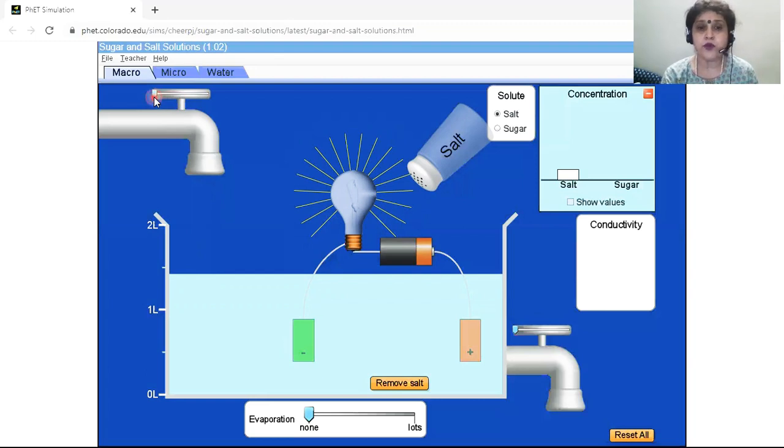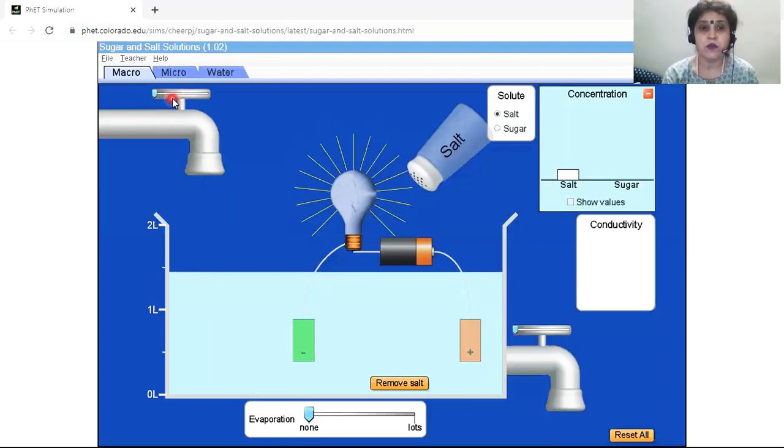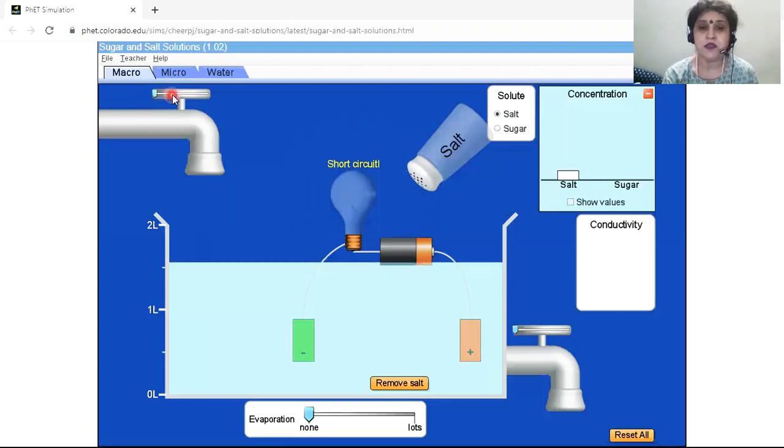One more thing I want to tell you, that we should take one precaution during this activity. See, when we add some more water, what happens? There is a short circuit. So students must know that when water gets connected with the battery, it gets short circuit.